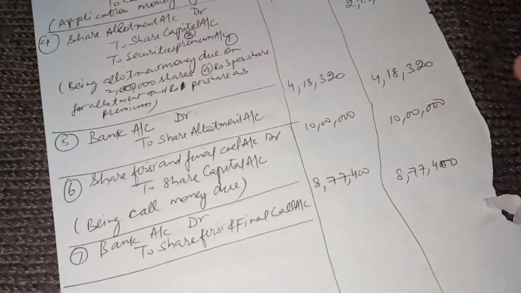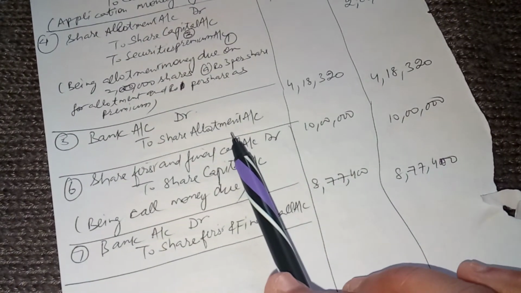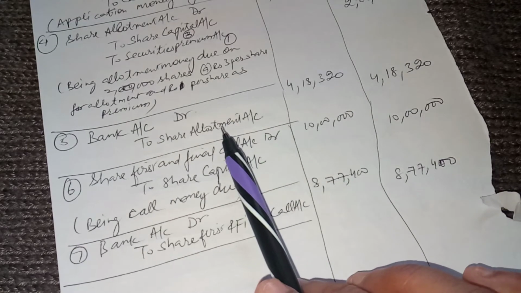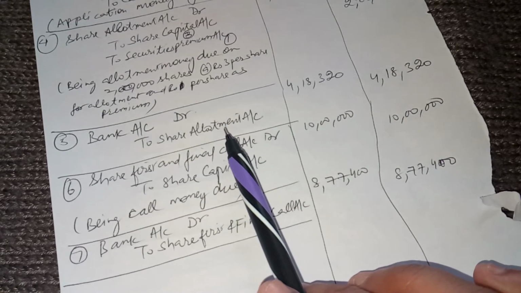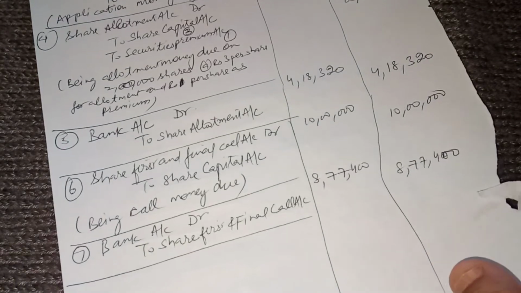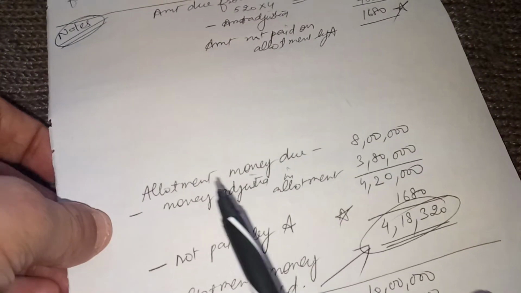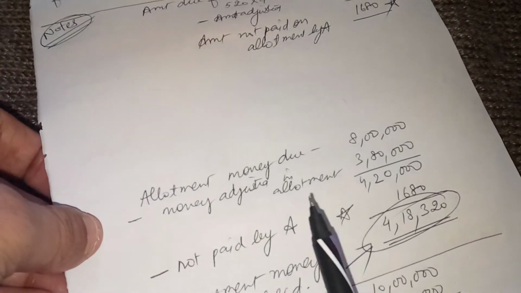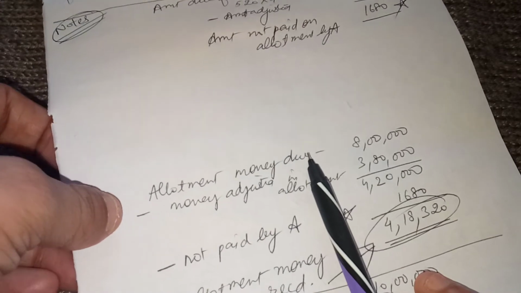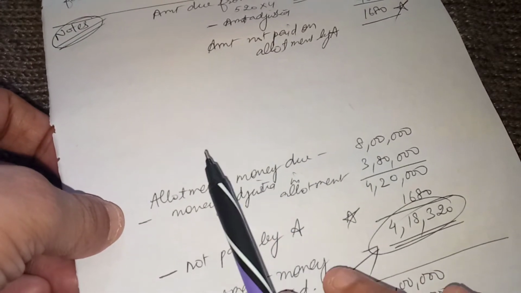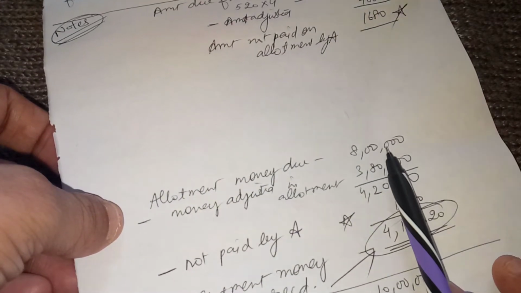Now, bank account debit to share allotment account. How is the money adjusted? Let us find it out. See this entry. Allotment money due, as we did in the question, is 2 lakh into 4, that is 8 lakh rupees.